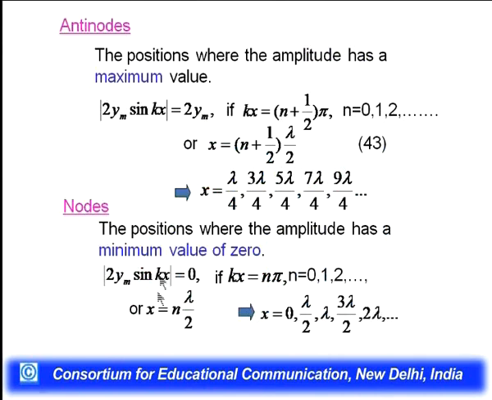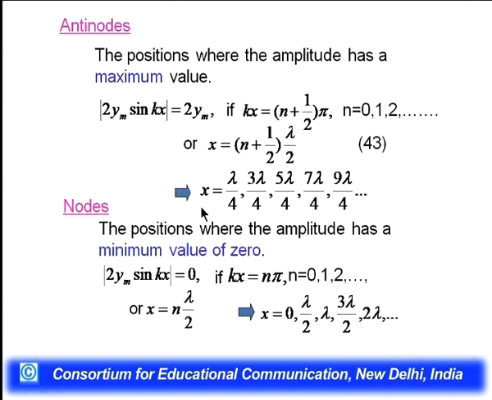A node is the position where the amplitude has the minimum value of 0. An antinode is the position where the amplitude has the maximum value. For antinodes, 2ym sin kx is equal to 2ym. We can put kx equal to (n plus 1 by 2) pi, n equal to 0, 1, 2, and then x is (n plus 1 by 2) lambda by 2.